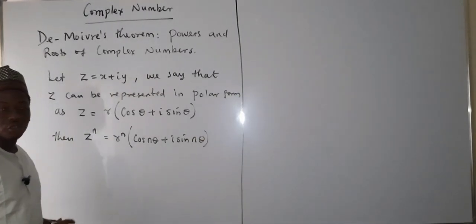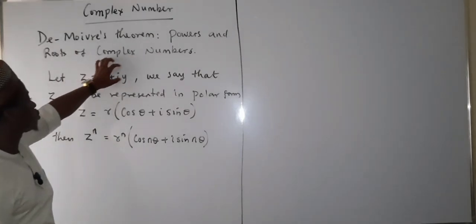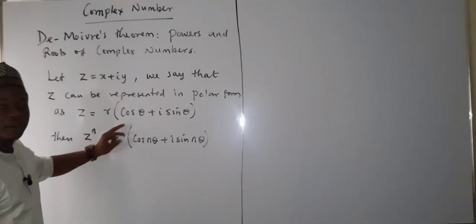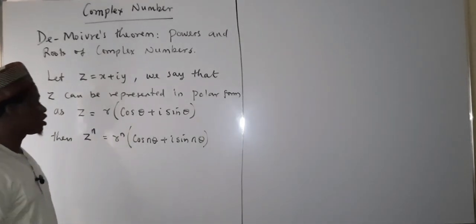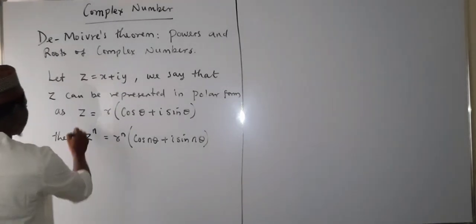This is the De Moivre Theorem. That we said if z is equal to x plus iy, then z raised to the power of n is equal to r raised to the power of n, cos n theta plus i sin n theta. So this is the De Moivre Theorem.